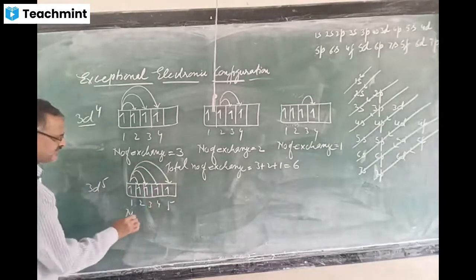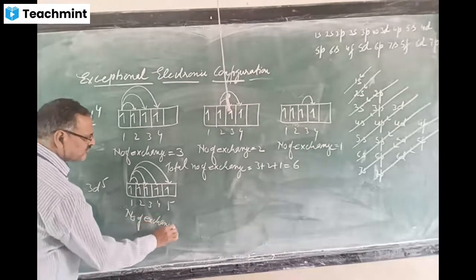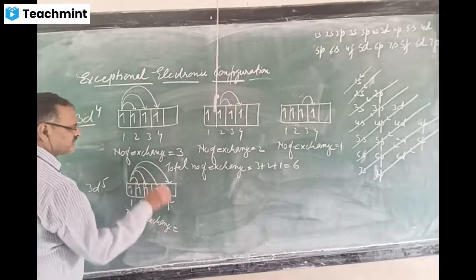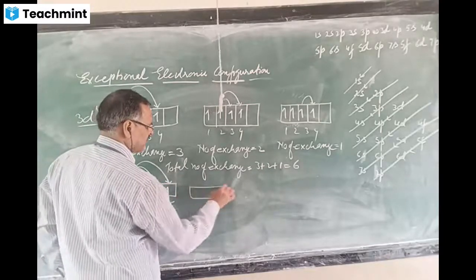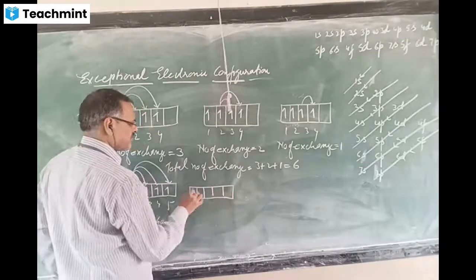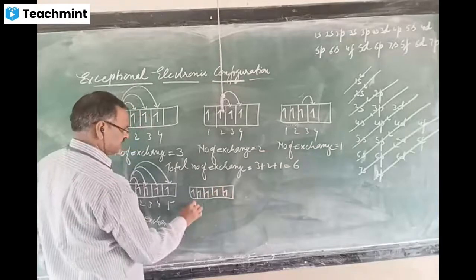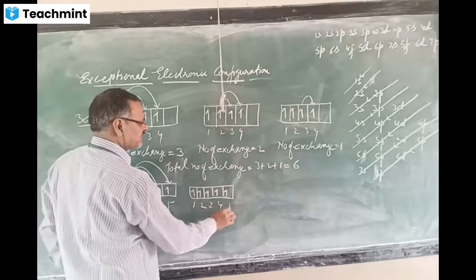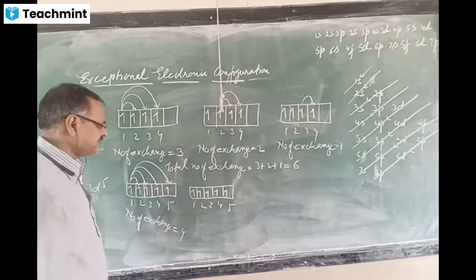Number of exchanges: 1, 2, 3, 4. Now we take the exchange of the second electron.